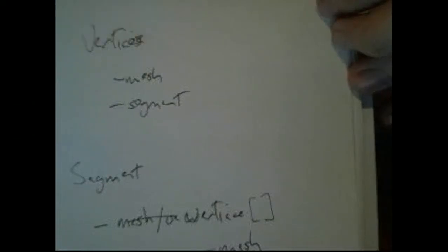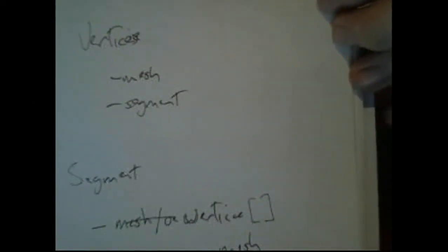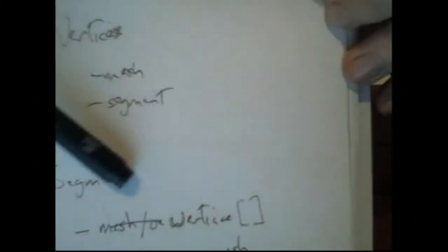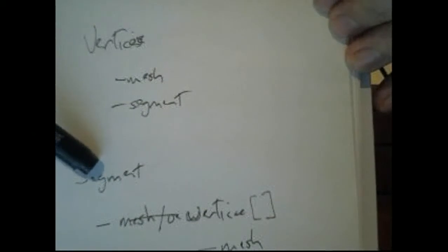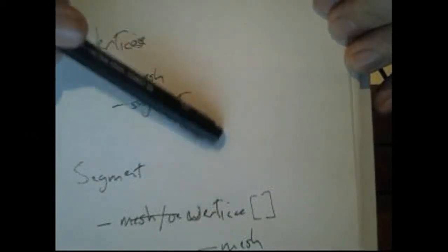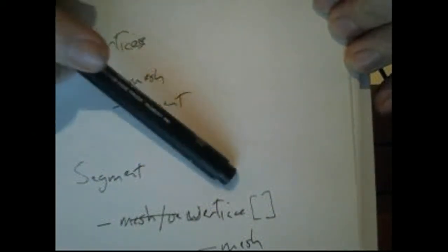Why did I do it that way around? Well, look, what can happen? One of the things that can happen is that the segment can change. How can the segment change? At the moment we define the segment based on the two points at either end, the variables sitting at those points.